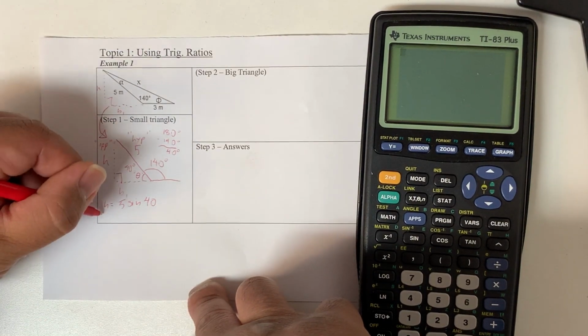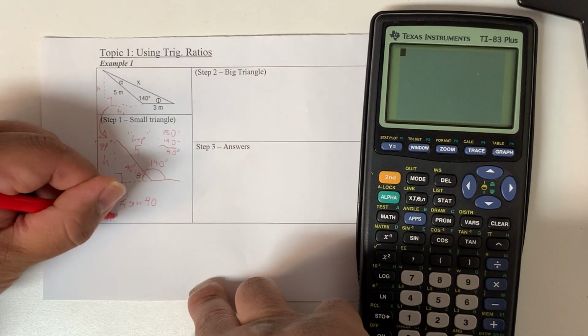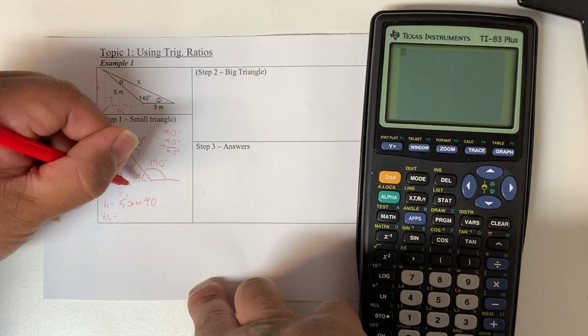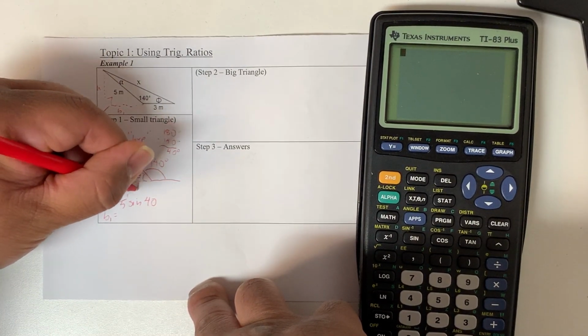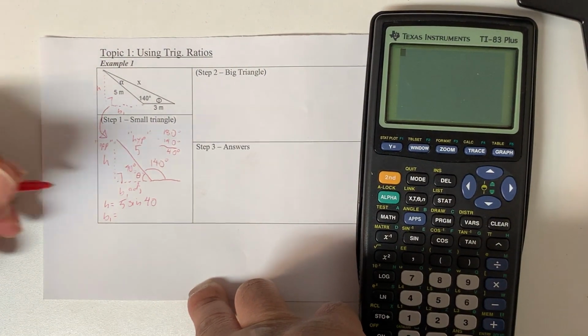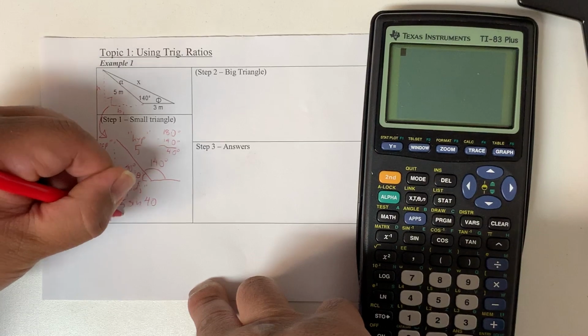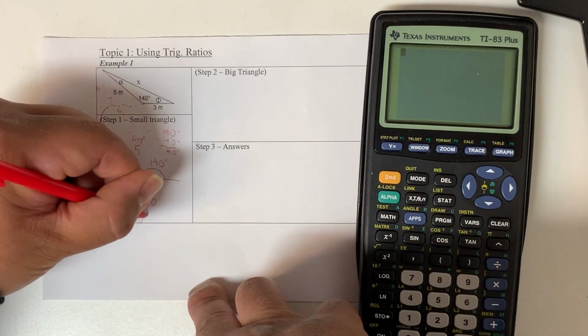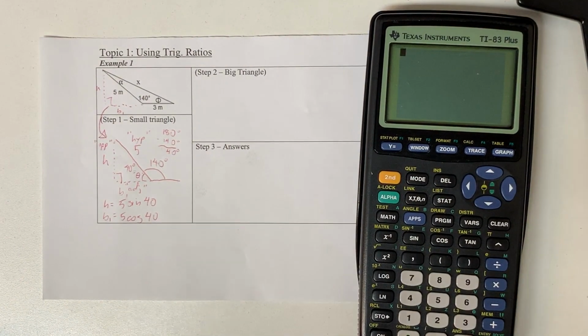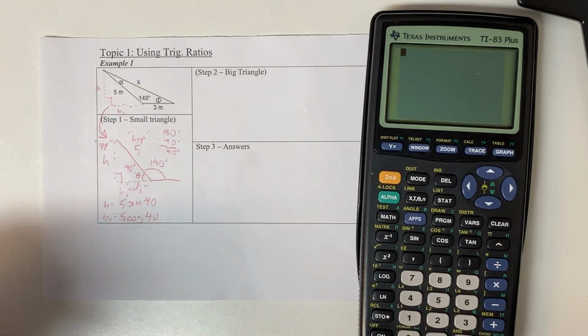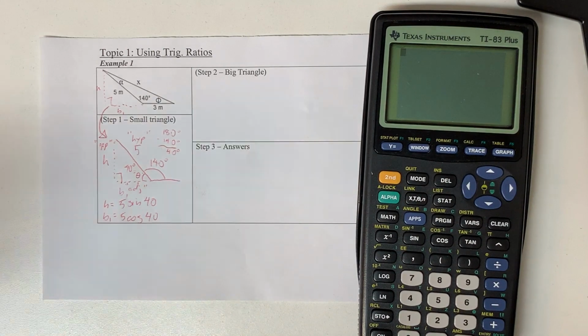Your B1 is the same, but since B1 is adjacent, your trig function in relation to theta is going to be 5 cosine 40. Those are the 2 formulas you're going to use to get the exact answers for H and B1, because we want exact answers in our calculations, not approximations. We want to round and use approximation at the very end.